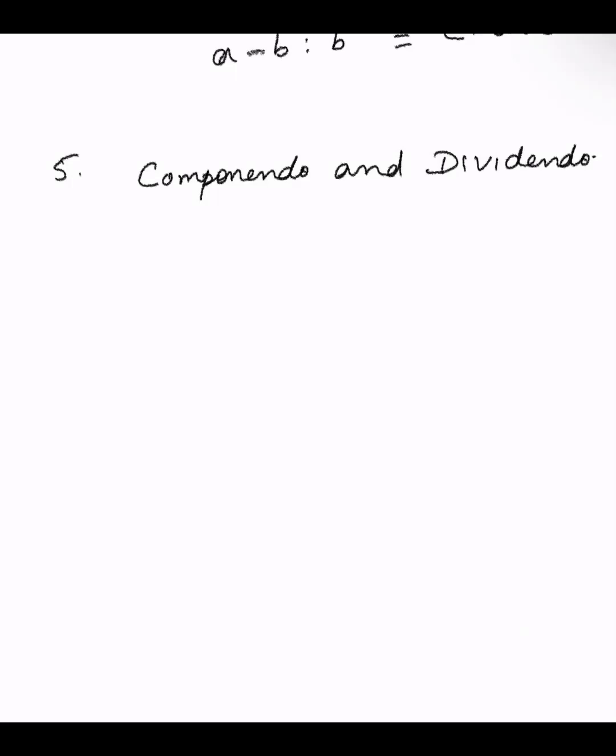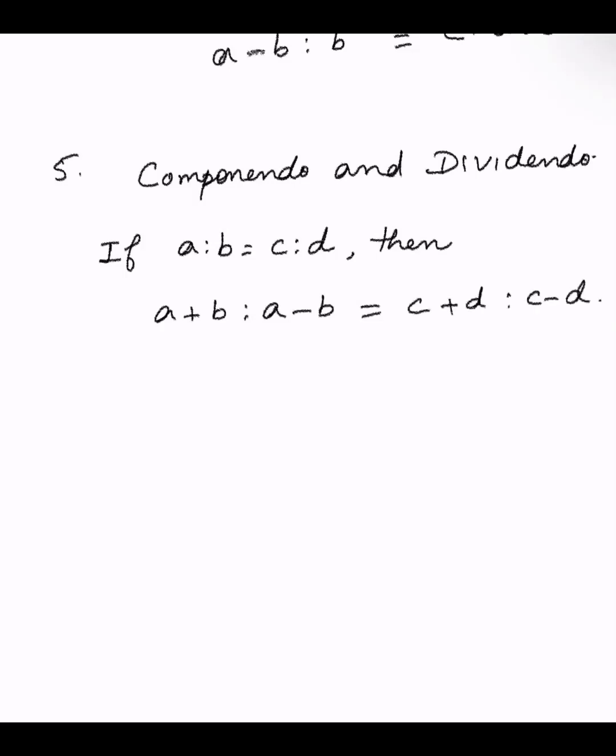Componendo and dividendo. Now, if A is to B equal to C is to D, then A plus B is to A minus B is equal to C plus D is to C minus D. This is the property.